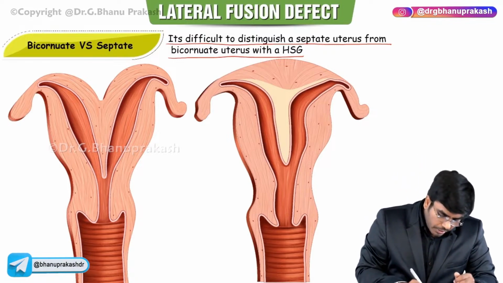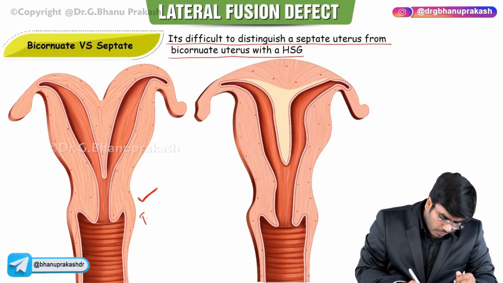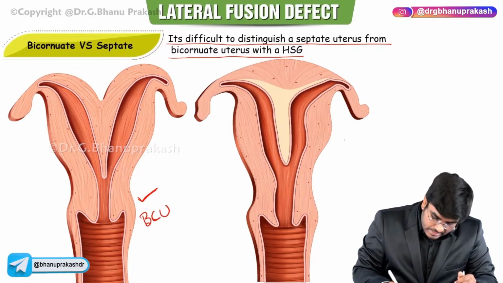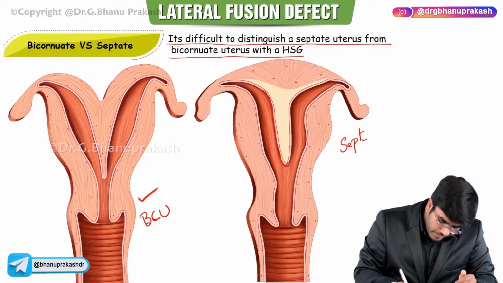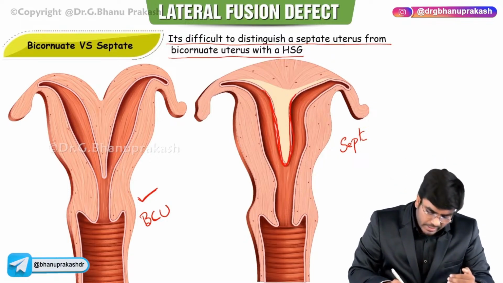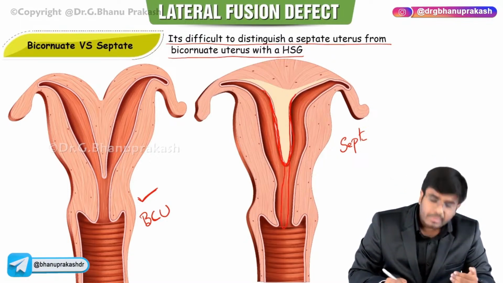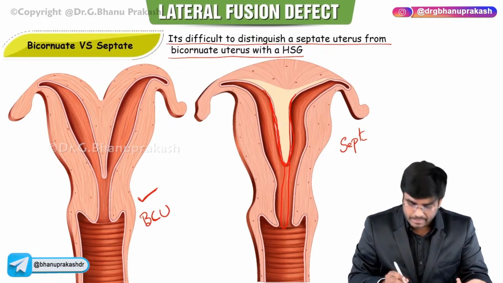Why? What you are having here is a bicornuate uterus, and this is a septate uterus. This is the septum, and this is a subseptum. Sometimes you can have a complete septum, and sometimes a subseptum.